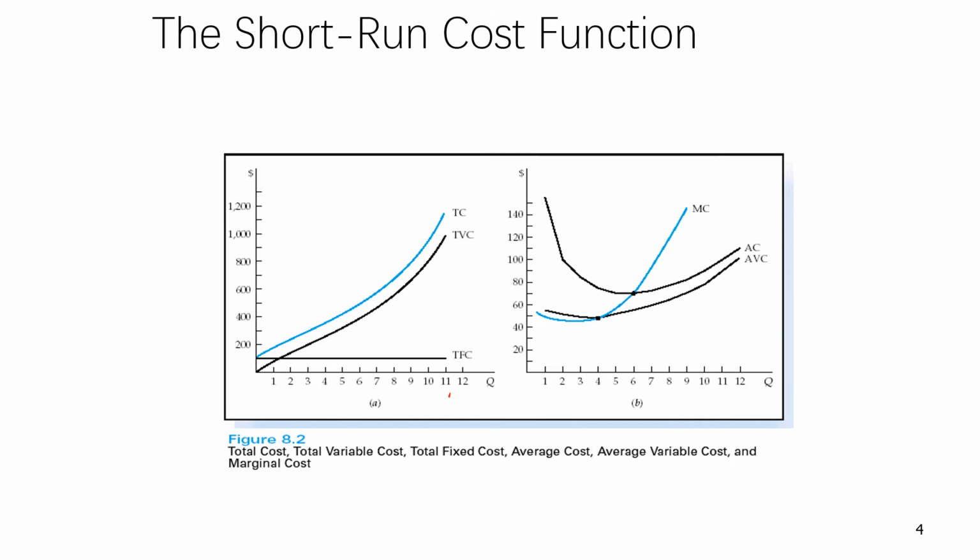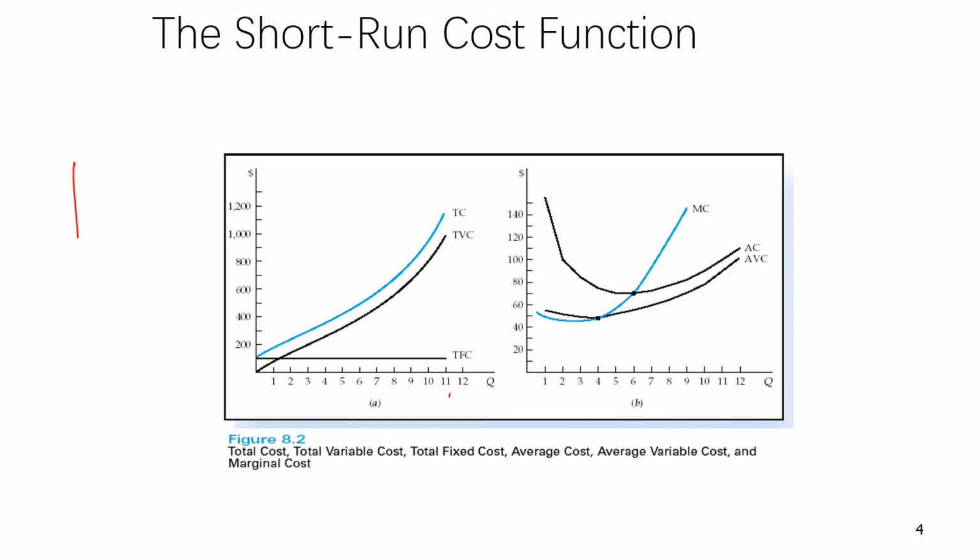In this particular numerical example, the shapes of total cost, total variable cost, marginal cost, average cost, and average variable cost exhibit a typical shape.